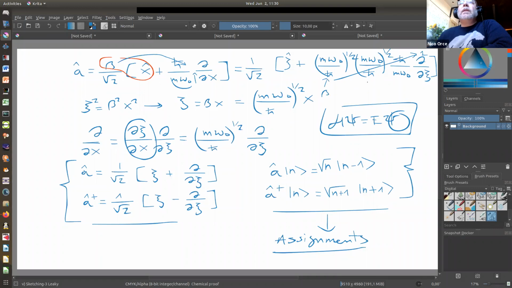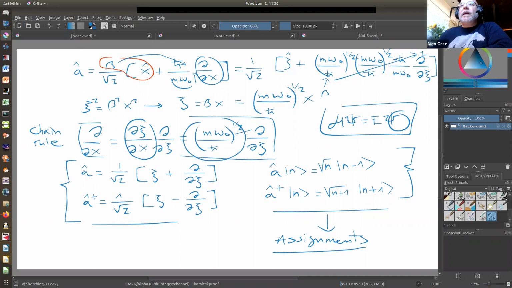Then we changed delta. We have applied the chain rule here, and we have deduced that this can now be changed to this here. So that's why we get another of these factors right there.